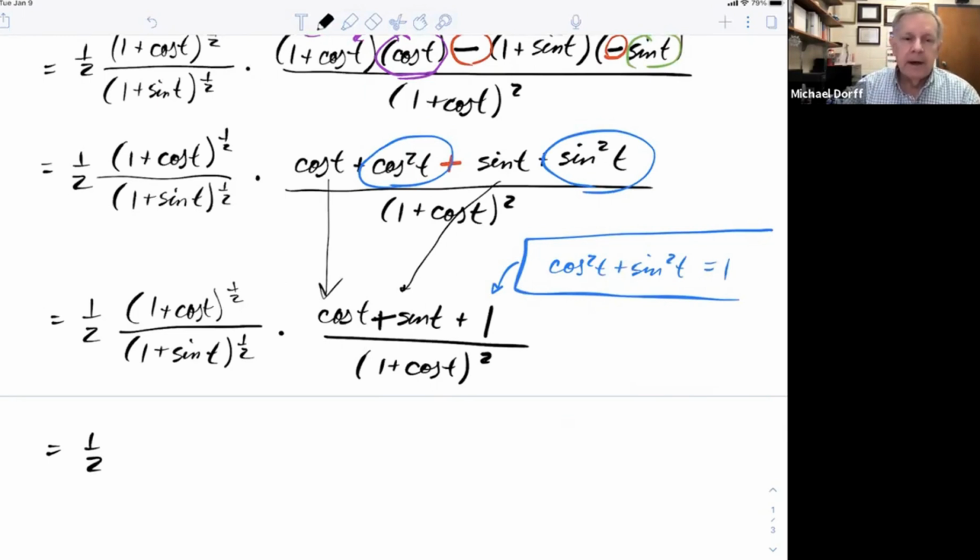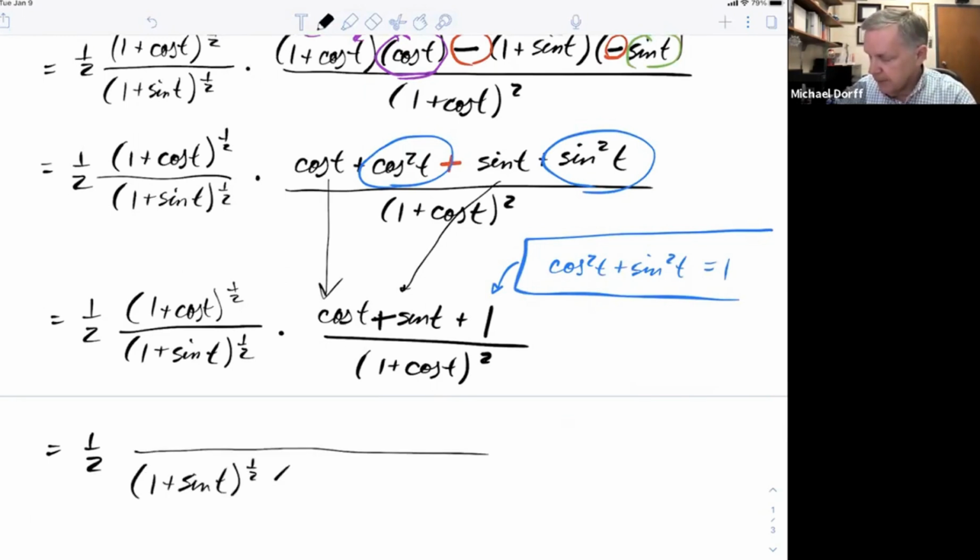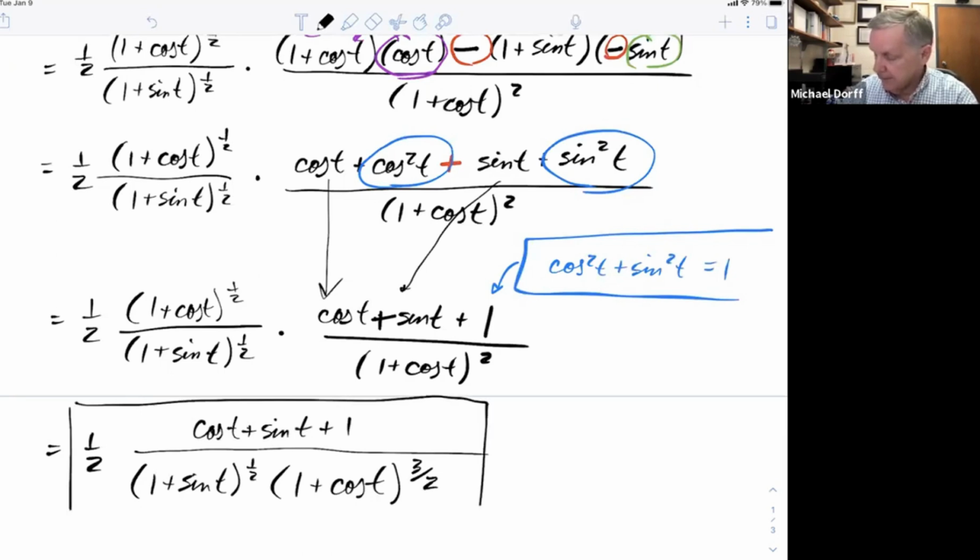So if I divide by a half of those, both on the top and the bottom, I'm going to end up with, in the bottom, my (1 plus sine t) to the 1/2, but I'm going to have (1 plus cosine t) now to the 3/2, because we had 2 in the bottom and 1/2 in the top. When we reduce those, we get 3/2 in the denominator. And then in the top, I still have my cosine t plus sine t plus 1, and that is my final answer. Hope that helps.